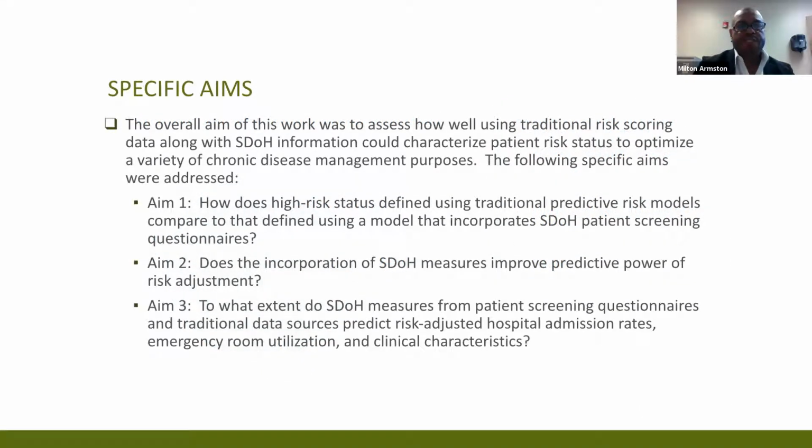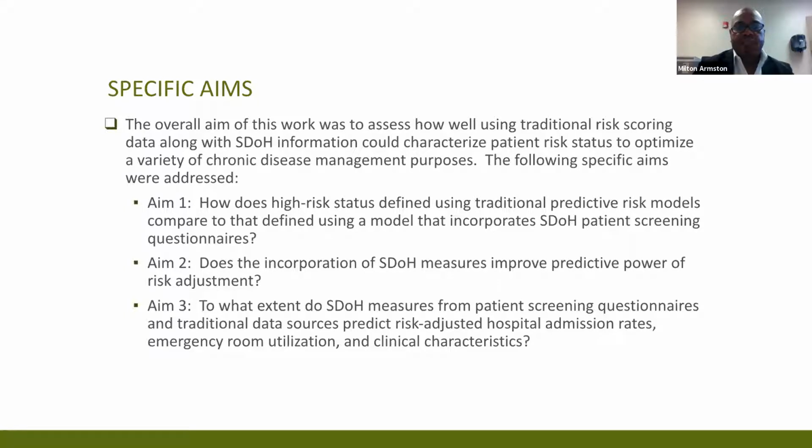So what was the specific aim of Community Health Net when we set out to do this work of risk stratification, incorporating social determinants of health? The first aim was, how does high risk status defined using traditional predictive risk models compare? Those models, like I spoke to, included such things as claim data information.